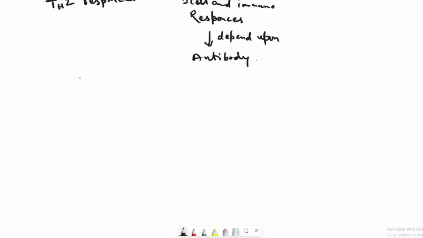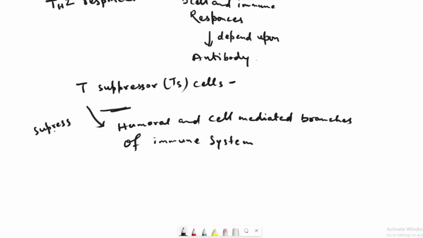Another subpopulation of T lymphocytes called T suppressor cells has been postulated. It is clear that some T cells help to suppress the humoral and the cell mediated branches of the immune system. But the actual isolation and cloning of Ts cells is a matter of controversy and dispute among immunologists.